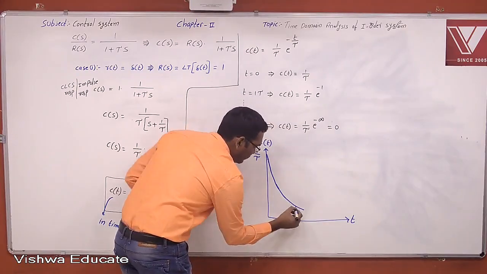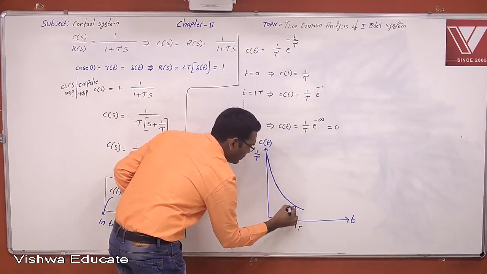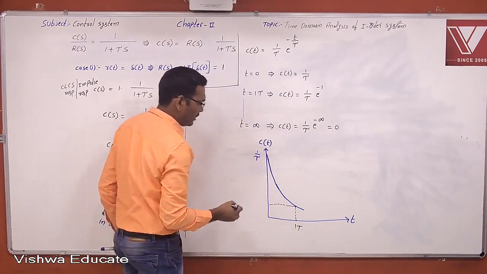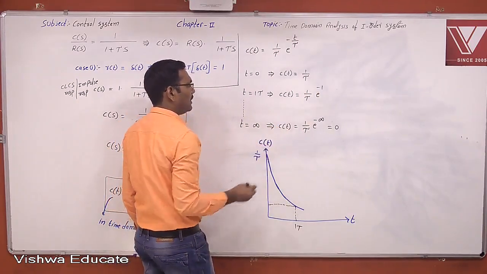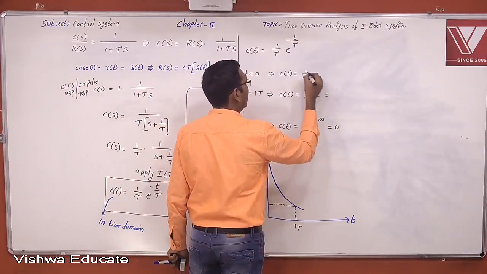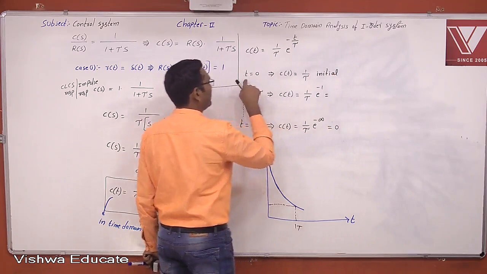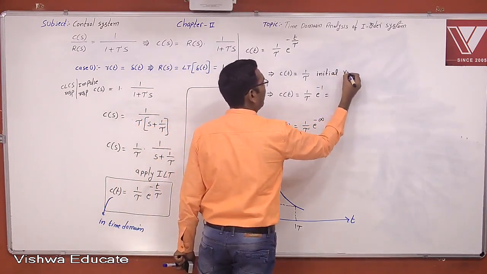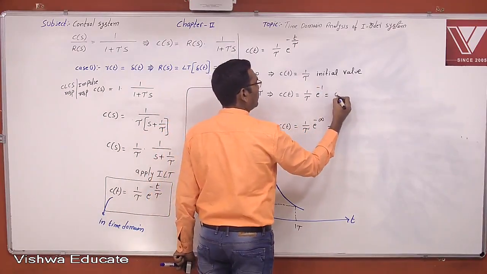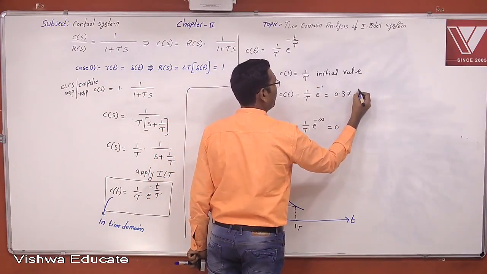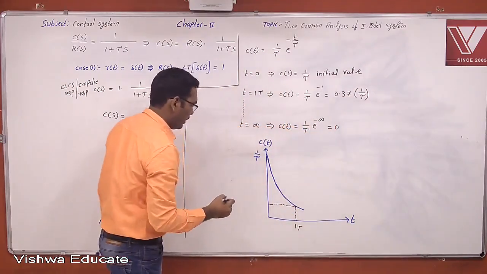When time equal to 1 time constant, the response is 1 by tau of e power minus 1. Now 1 by tau is the initial value, because this is at t equal to 0. Now e power minus 1 is nothing but 0.37 of 1 by tau. 1 by tau is nothing but the initial value.